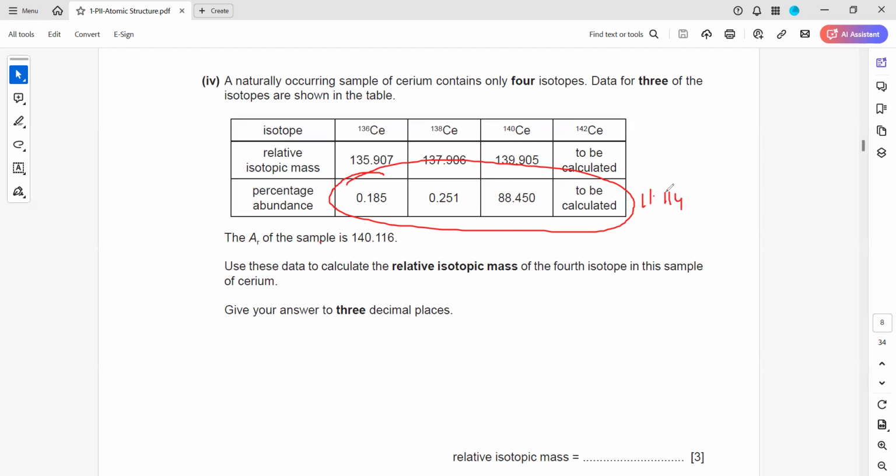That we got. Now, the relative atomic mass, the average atomic mass, is equal to the percentage of the isotope multiplied by its mass.